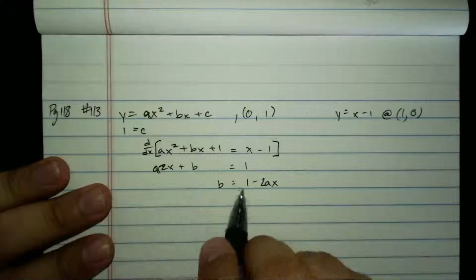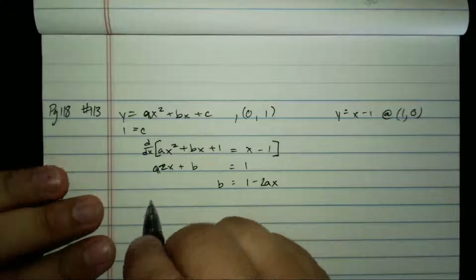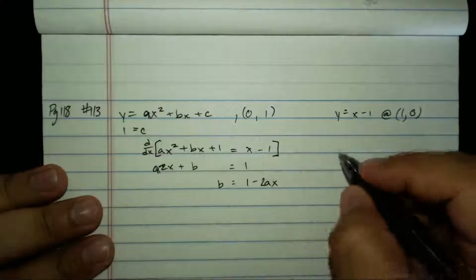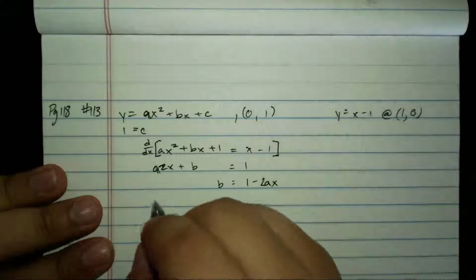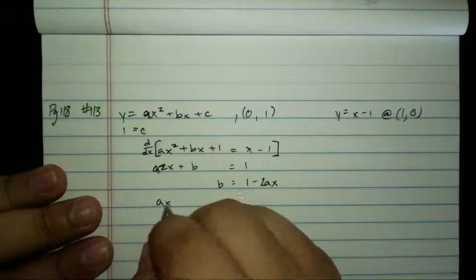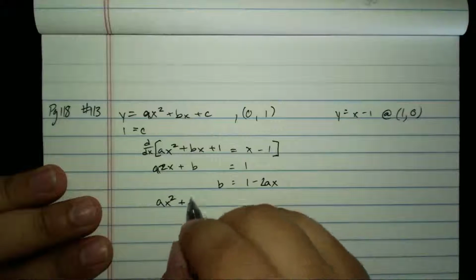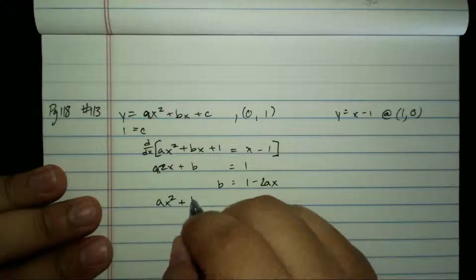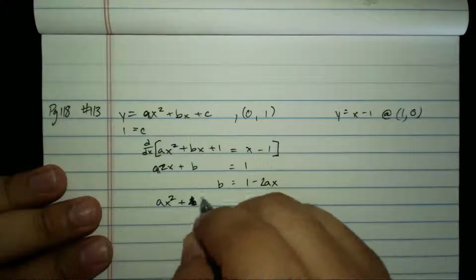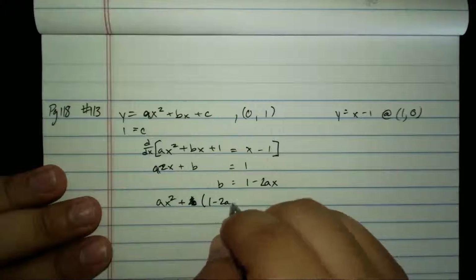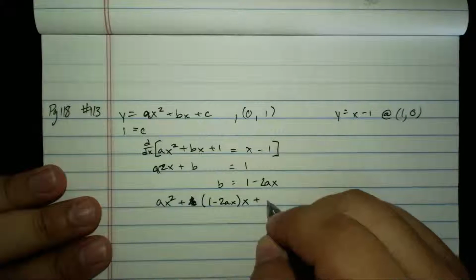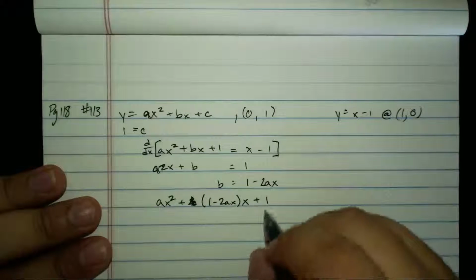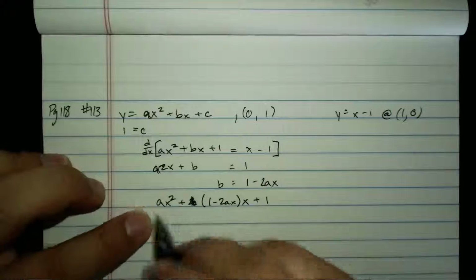So let's see, we'll plug in b, and so we get, let's keep working down here. We'll get ax squared plus, we don't have b anymore. So what we have is 1 minus 2ax times x plus 1 for y, right?